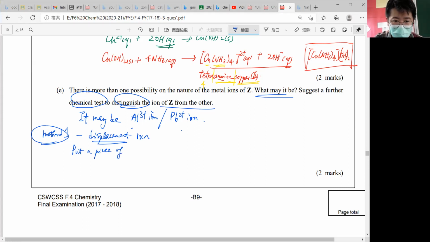Put a piece of zinc metal into the aqueous solution, and you are going to think of two possibilities, right?